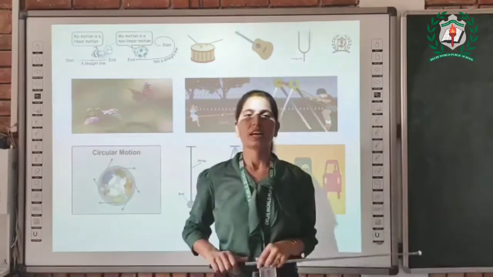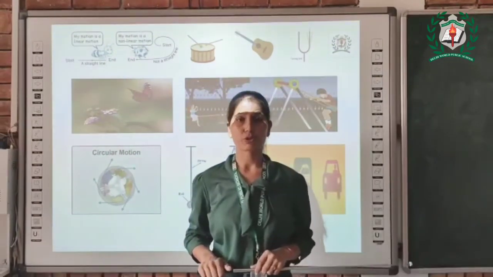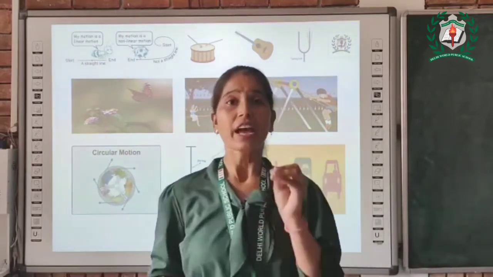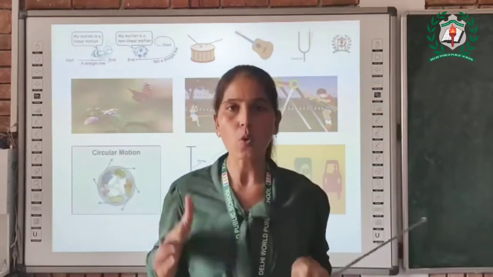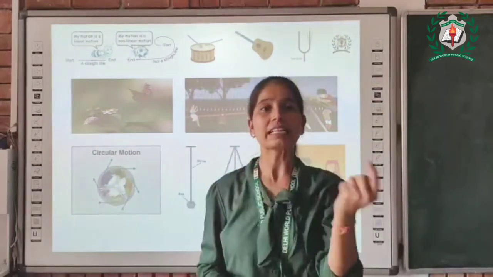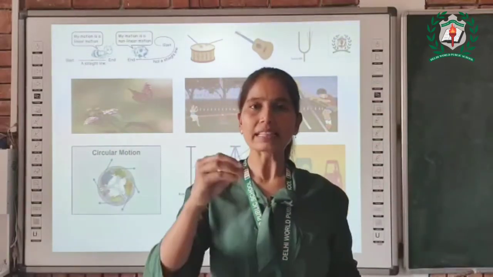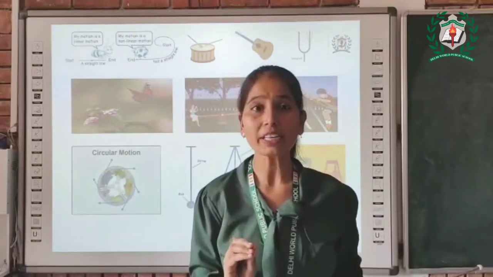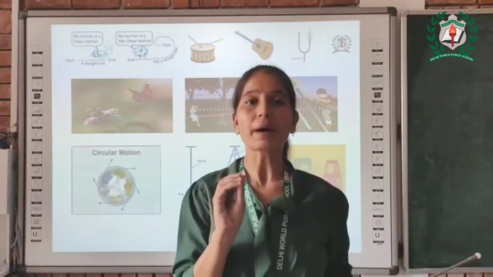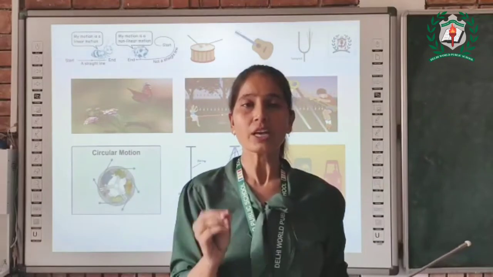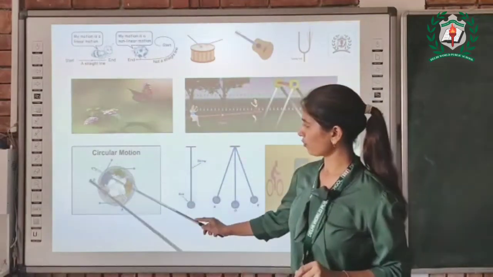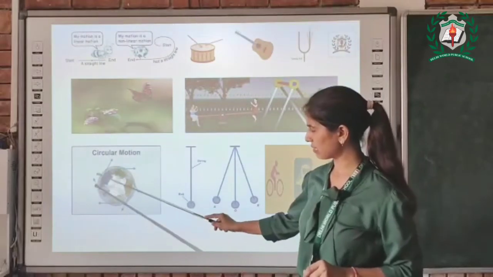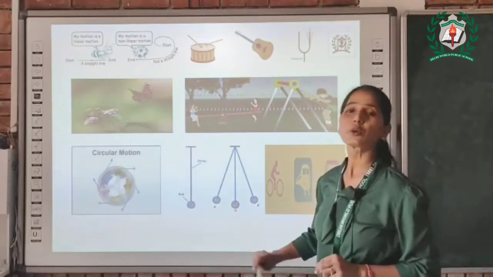Now we'll talk about circular motion. What is circular motion? If an object moves in a circular manner around a fixed center, the object remains at the same distance from a fixed point, which is the center of the path of the motion. This type of motion is known as circular motion, like the movement of this washing machine. This is an example of circular motion.